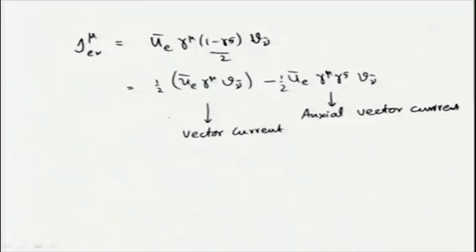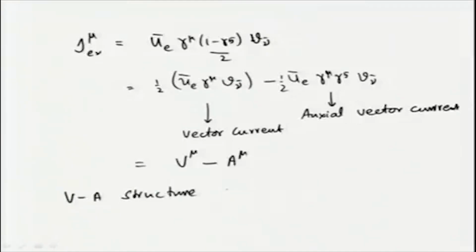So, there is a vector minus axial vector, we call it V_mu minus A_mu. This is basically a V minus A structure.